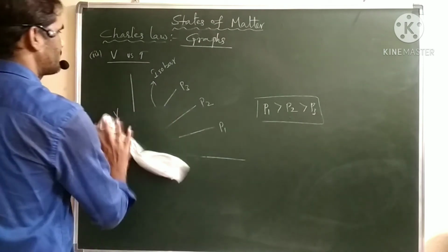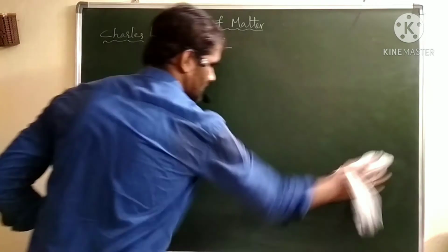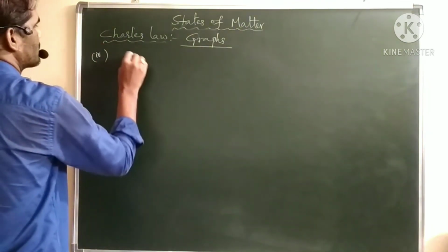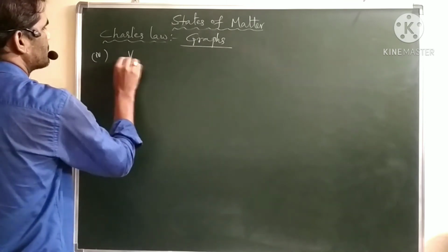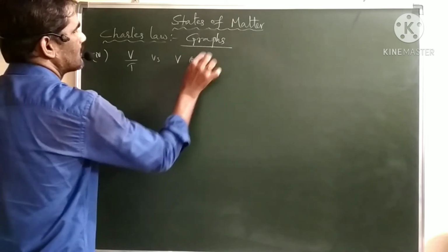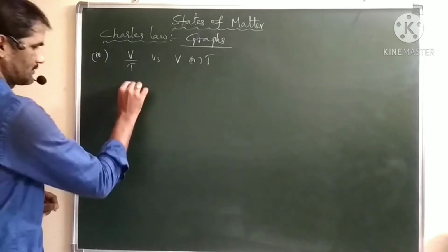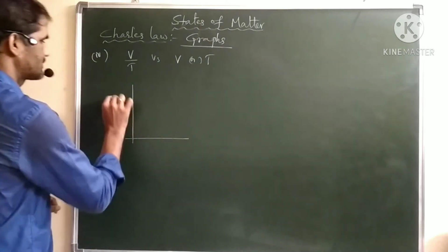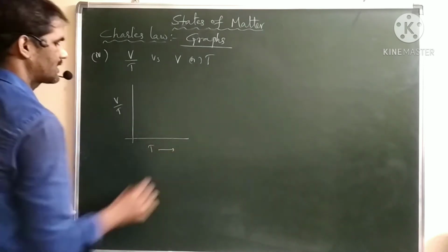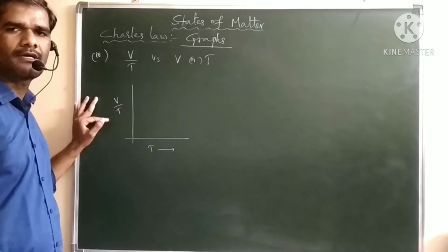Let us make some other types of graphs here. The fourth graph: V by T versus either V or T. How do the graphs look? V by T, and this is temperature in kelvins. The V by T product, this ratio of volume and temperature, is always constant.